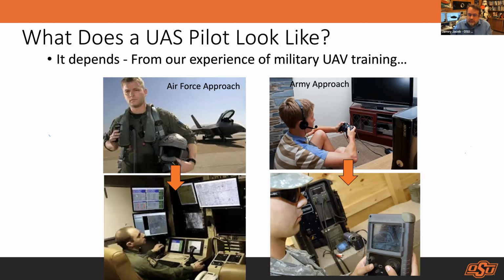Now, the difference between this is also really due to the types of vehicles. The vehicles on the left tend to be multi-million-dollar, very large aircraft, while the vehicles on the right tend to be much smaller, much less expensive, and therefore much less dangerous to operate, but also much less costly if you lose that in a crash or an accident.